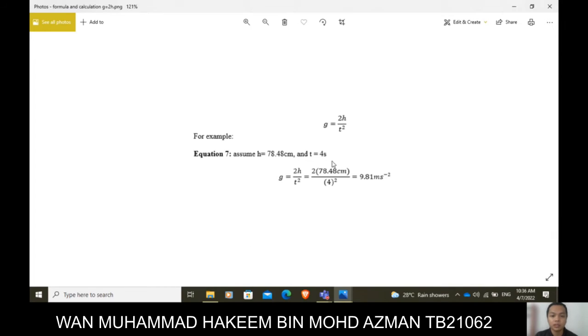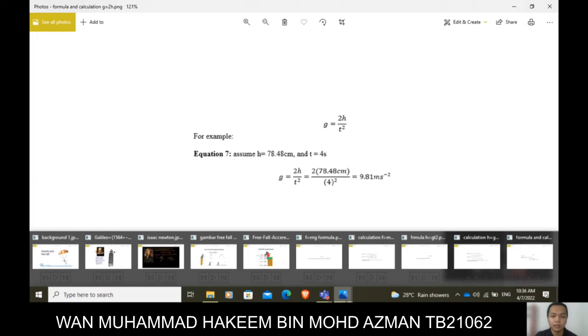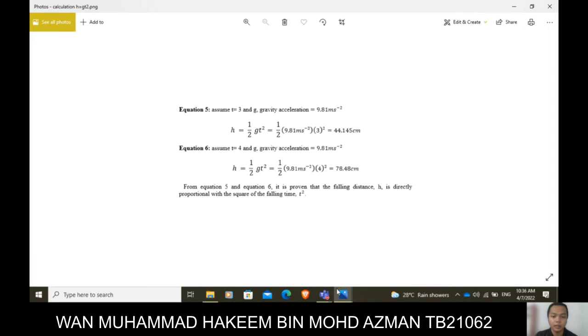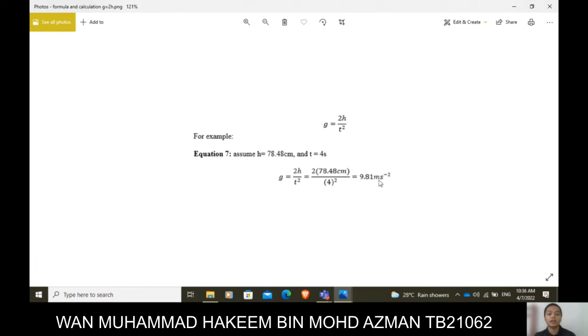So I insert this formula, and then I get again the value of gravity acceleration, which is equal to 9.81 m s^-2.